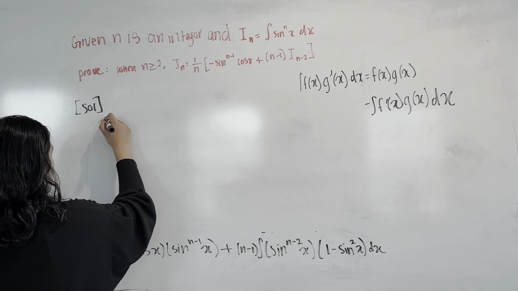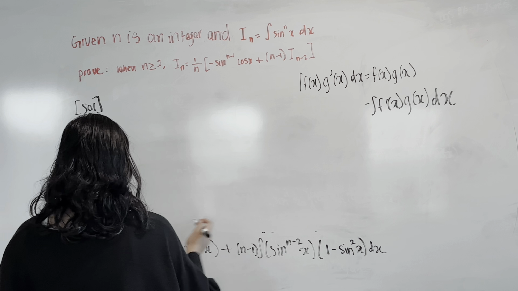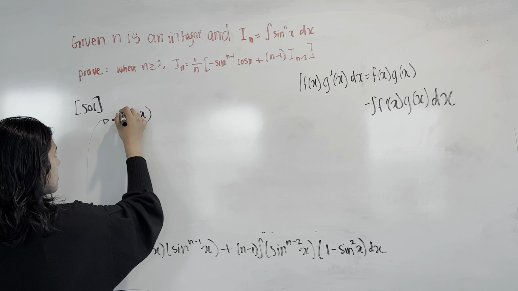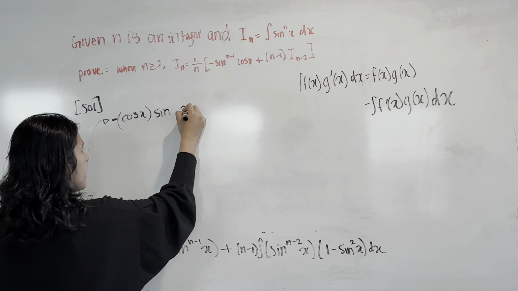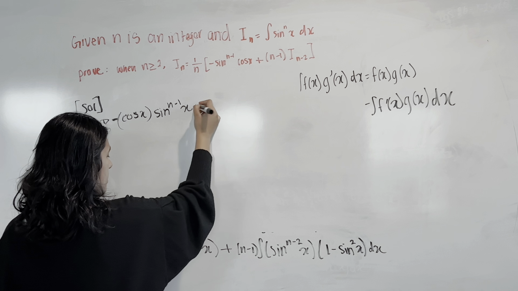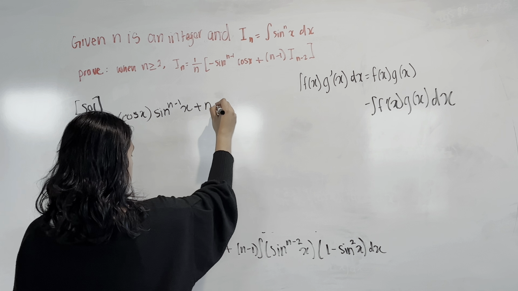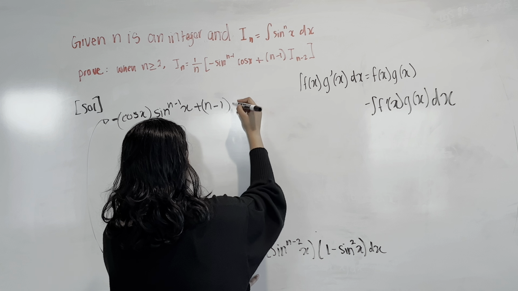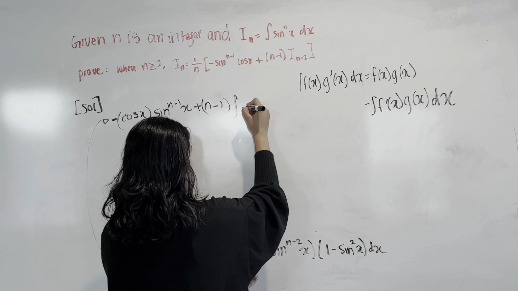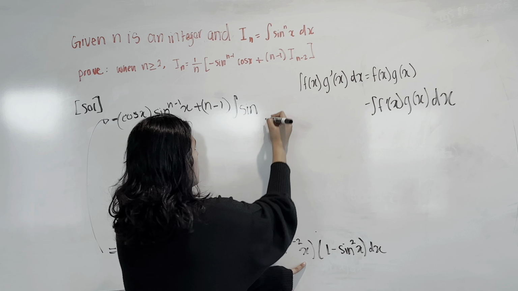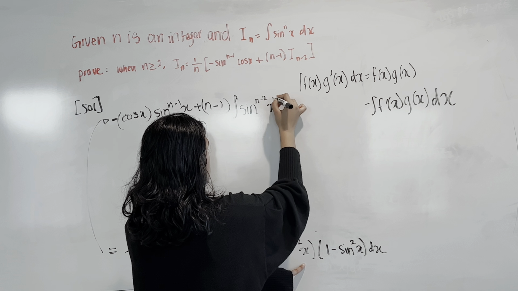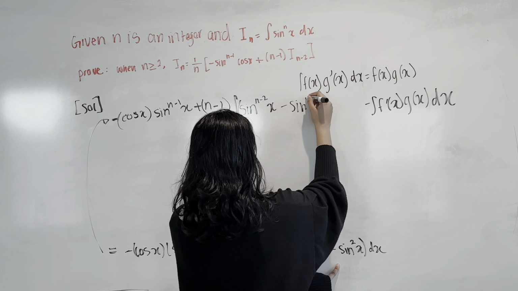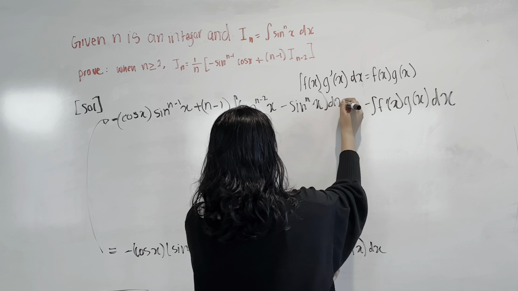Alright, so I'm just going to rewrite this here. Let's expand this, so let's rewrite this as it is: cos x sine x to the power n minus 1, plus n minus 1. And let's just expand this, so we get sine of x to the power n minus 2 minus sine of x to the n dx.